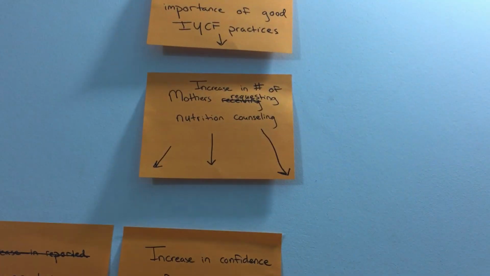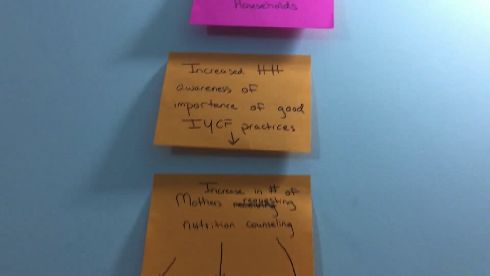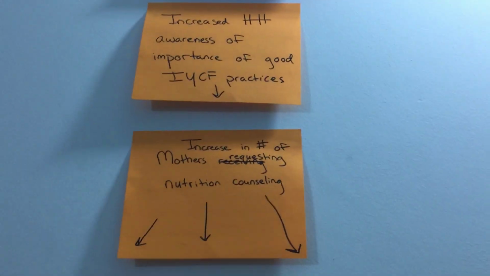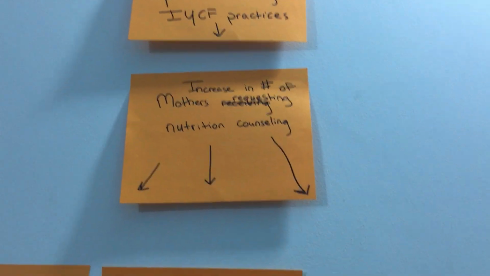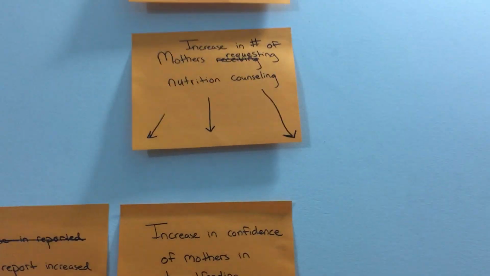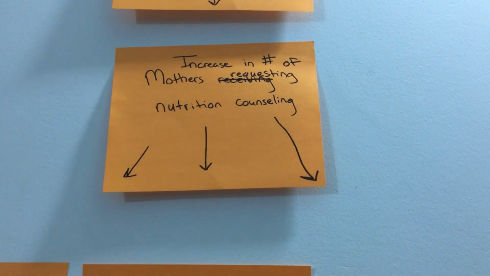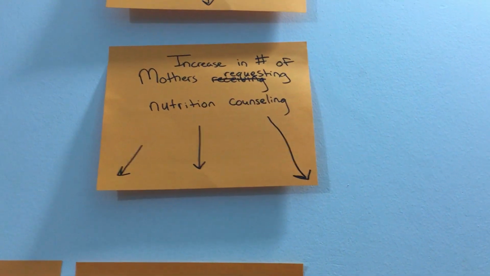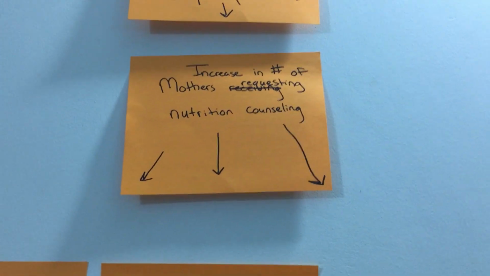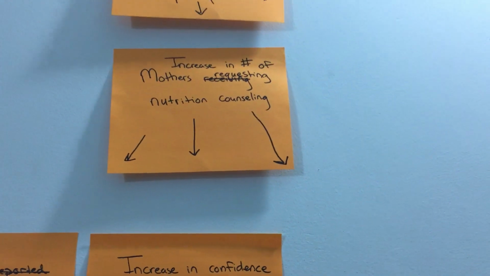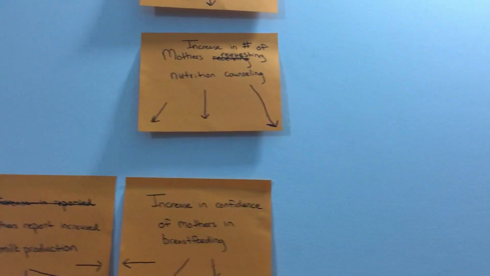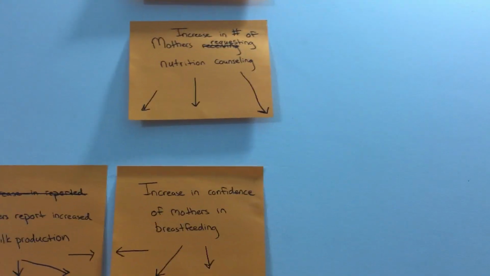If they are requesting nutrition counseling, that tells me that we have done a good job at raising awareness, because the change that comes out of that is the request for more information. This is also going to be much easier to measure because we're looking at an increase in the number of requests. So this is very straightforward data to collect. Very easy, very simple to do for our community health workers without really increasing any burden at all on them.